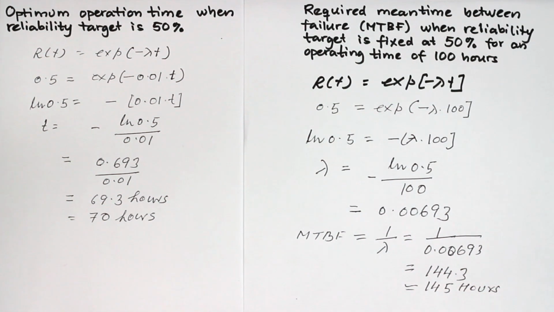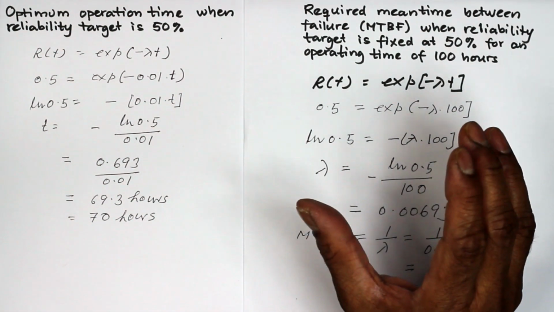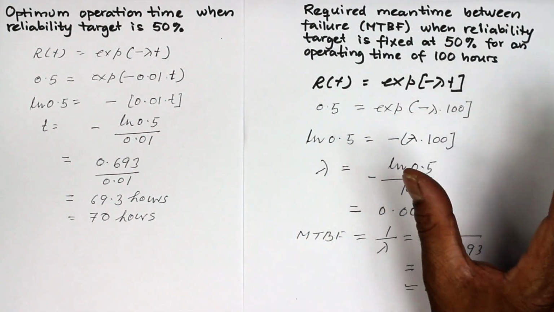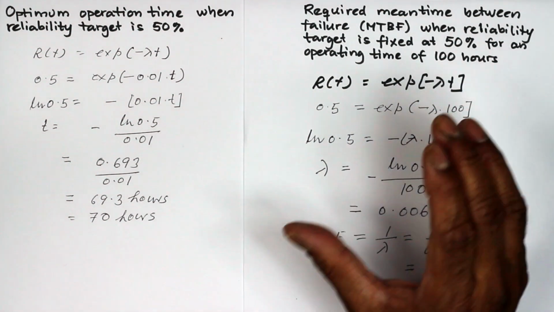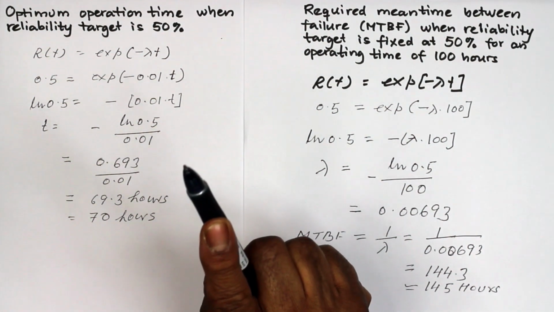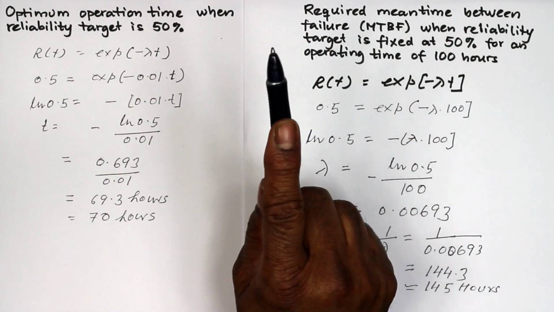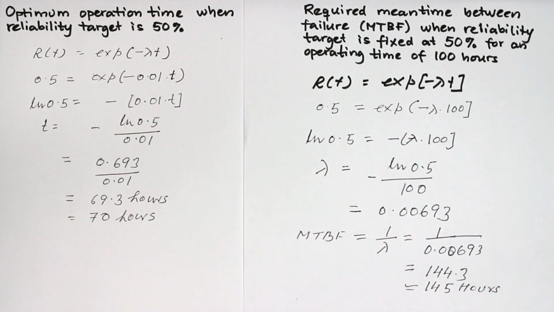It's a very interesting observation. If you look carefully, to increase reliability from 37% to 50%, you have to increase the mean time between failures by almost 45%, and it costs a lot of money.